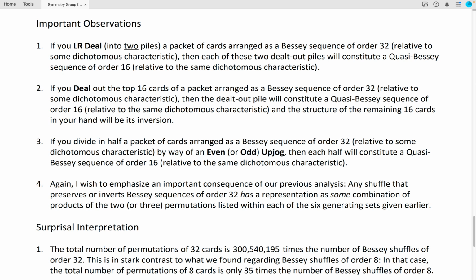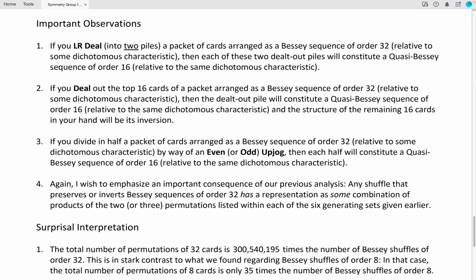If you LR deal into two piles a packet of cards arranged as a Bessey sequence of order 32, then each of these two dealt out piles will constitute a quasi-Bessey sequence of order 16. 2.